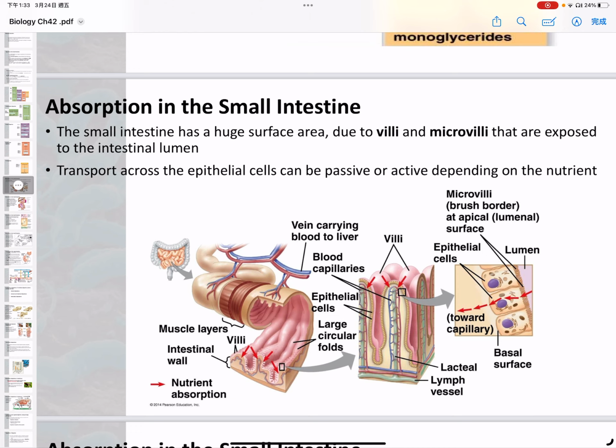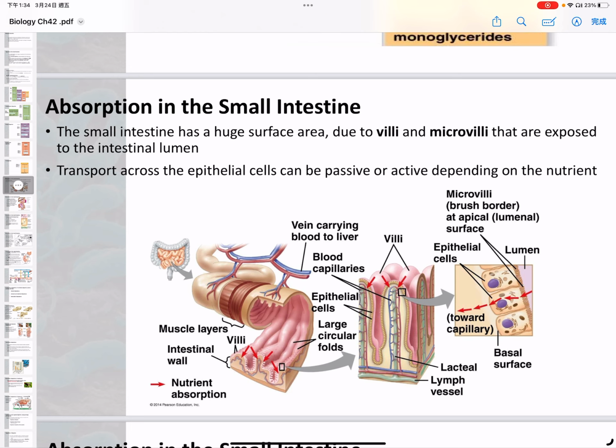So, as we can see in the middle of the picture, there are many villi, and in each of the villi, there is a lacteal at the core, and it is surrounded by many blood capillaries.